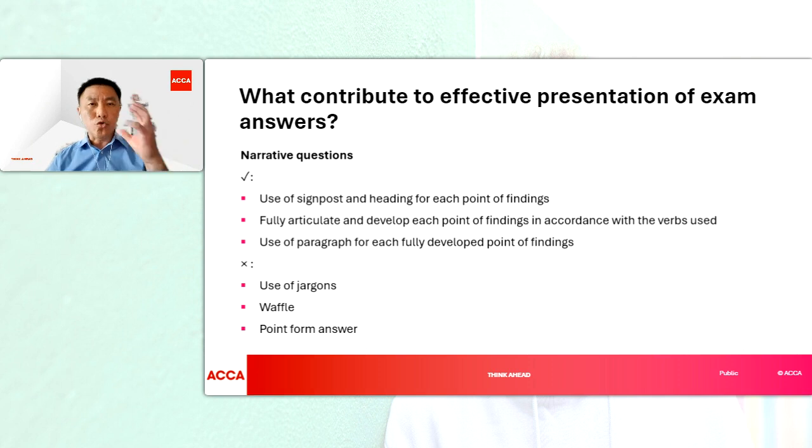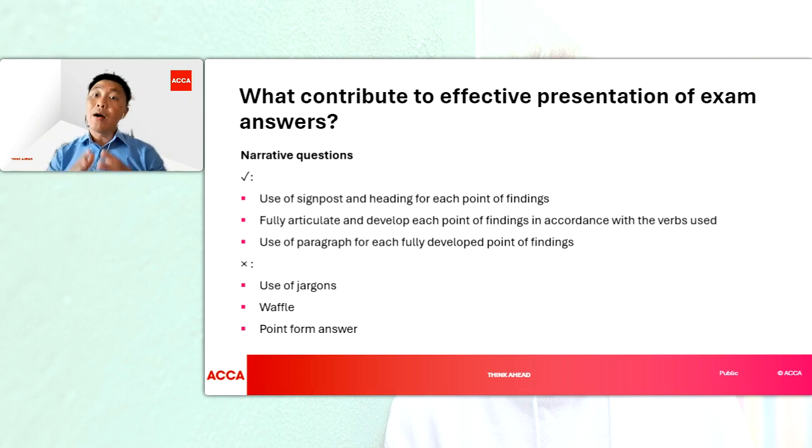Do not cram all the answers together. If possible, one paragraph should include one key point of articulation represented by a heading. So that will allow you to have a consistent habit of tackling narrative questions.